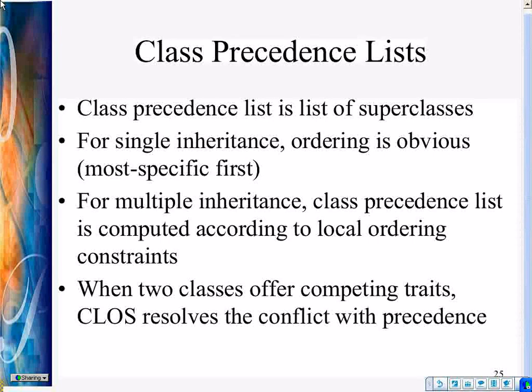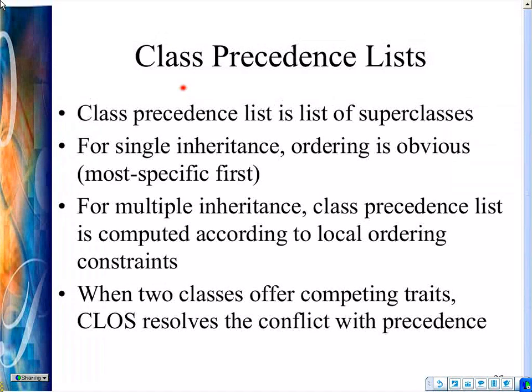So the way you determine which method runs is by using the class precedence list. The class precedence list is a list of superclasses. So you look at a class, and then you can list all of its superclasses, going from its direct superclasses all the way up to T, and you can arrange all of these classes in an ordered list, which is called the class precedence list.